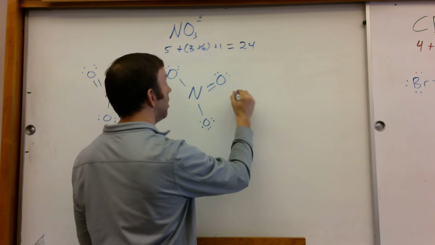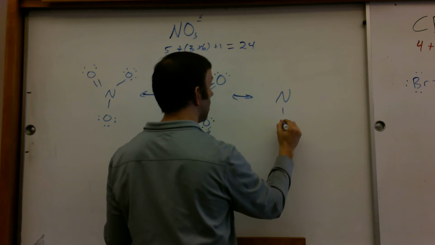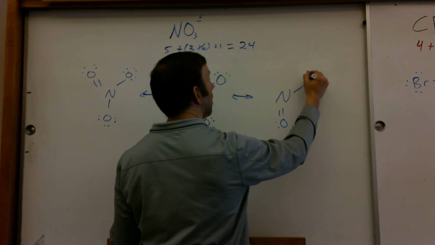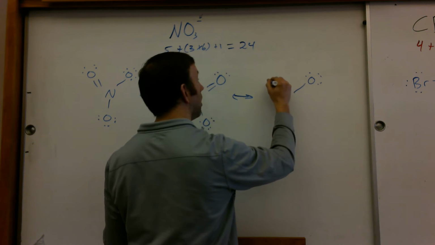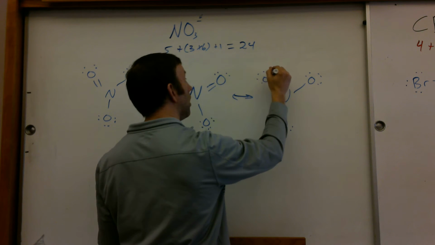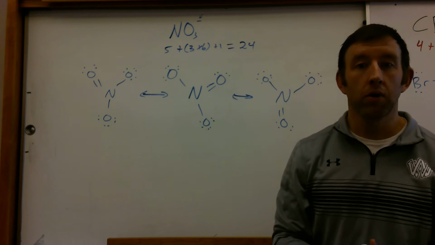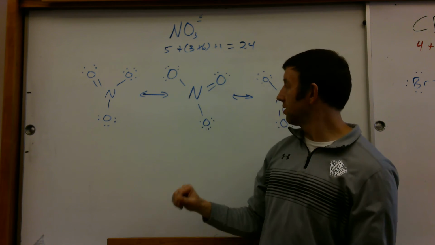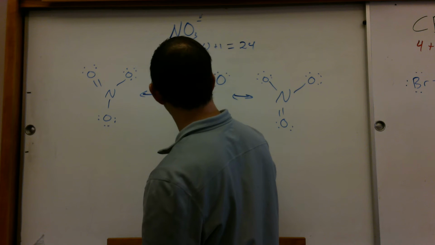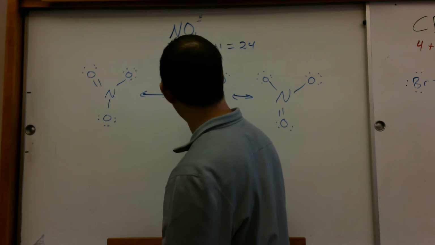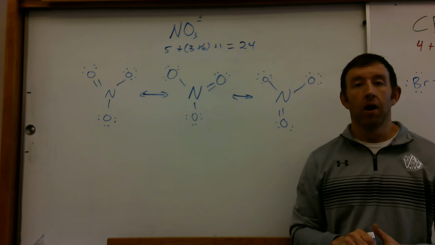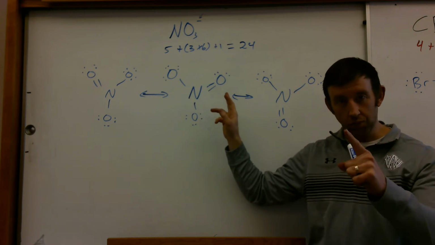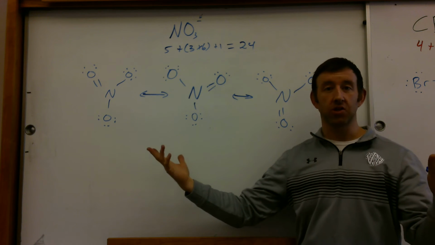Or we could draw a double bond here. Okay, and what I want you to recognize here is these are all equally likely. Okay, they're equally likely because all 3 show one double bond with an oxygen, one of the 3.